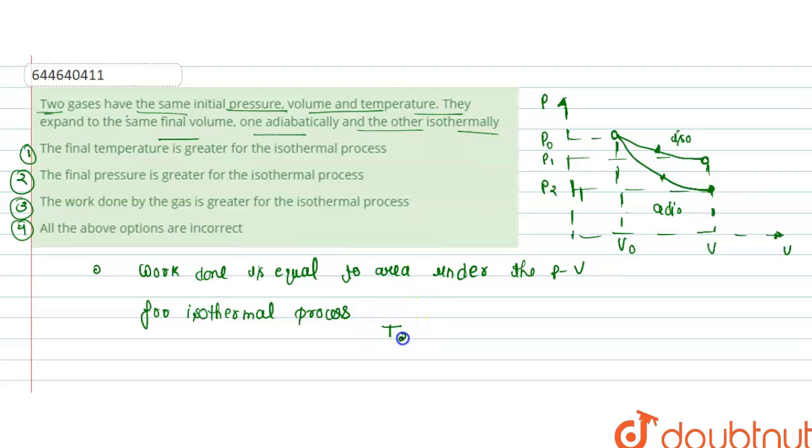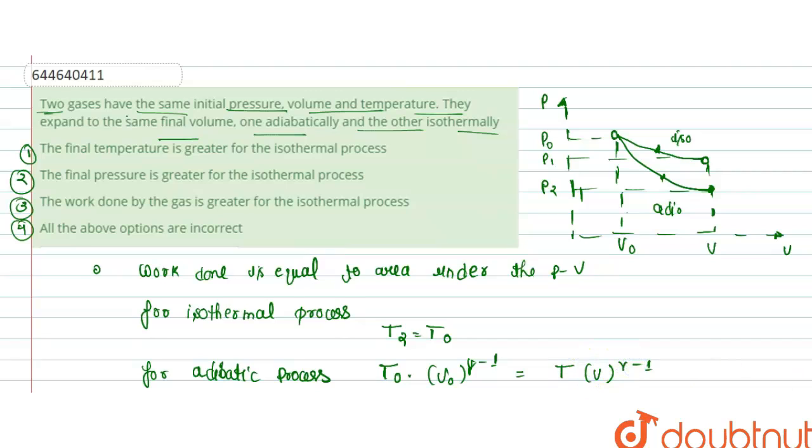For the isothermal process, T2 is equal to T0, and for the adiabatic process, T0 V0 to the power gamma minus 1 equals T V to the power gamma minus 1.